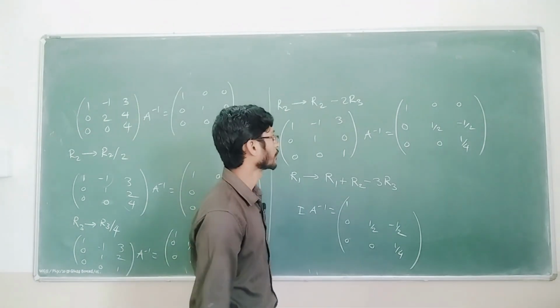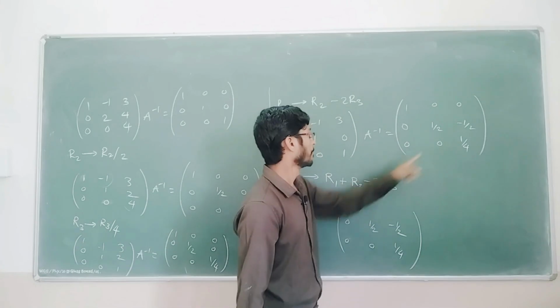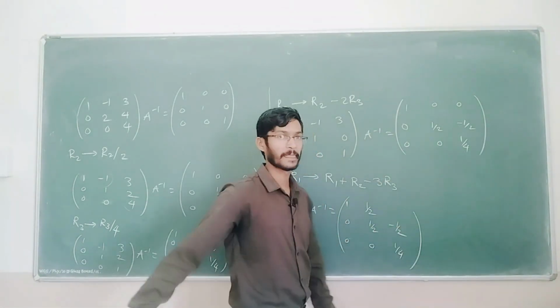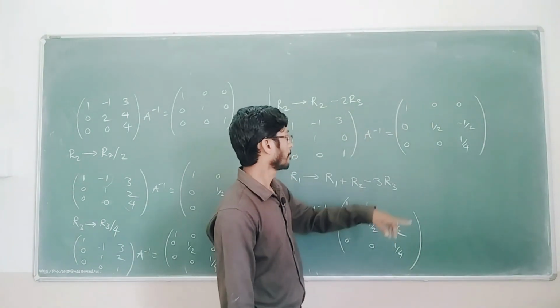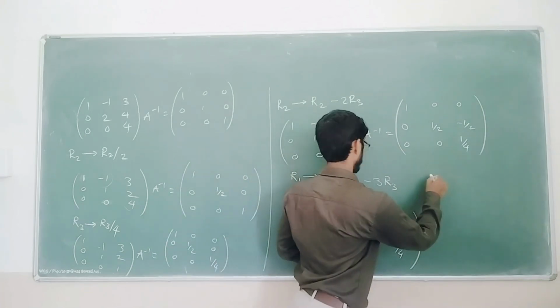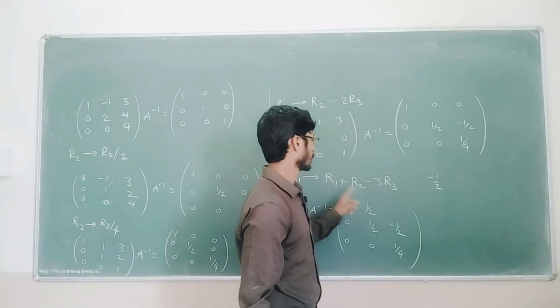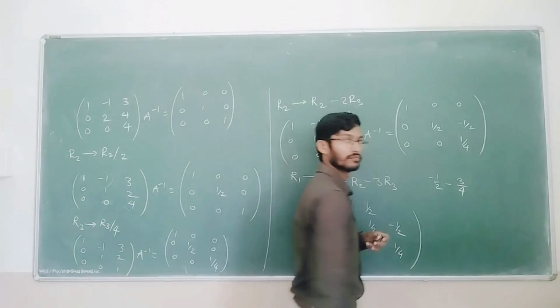First element, no issue. Second, 0 plus half minus 0. So this will be half. Now third element, 0 plus half minus, so R2 is minus half.